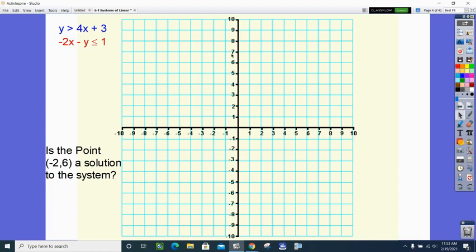Okay, so let's start. We're going to graph this one. I would start with my y-intercept of 3, and I would rise 4 and over 1, and my line would be dotted. I would then test a point on either side to see if it makes the top inequality true, and I would shade accordingly.